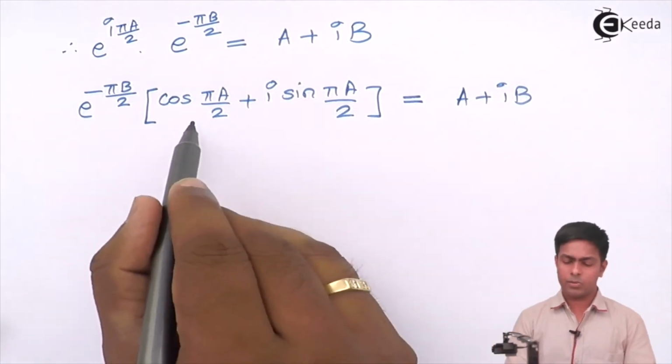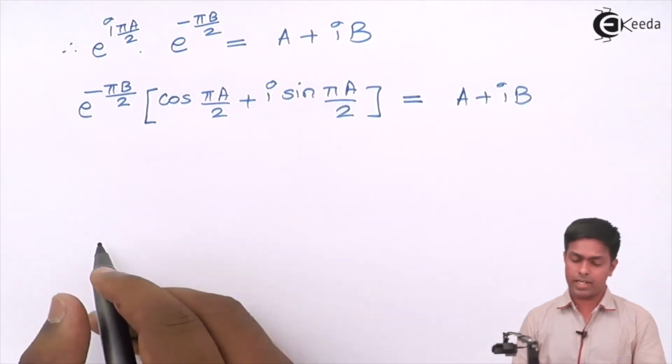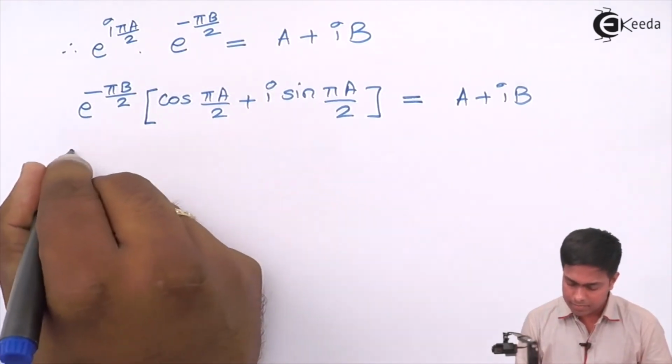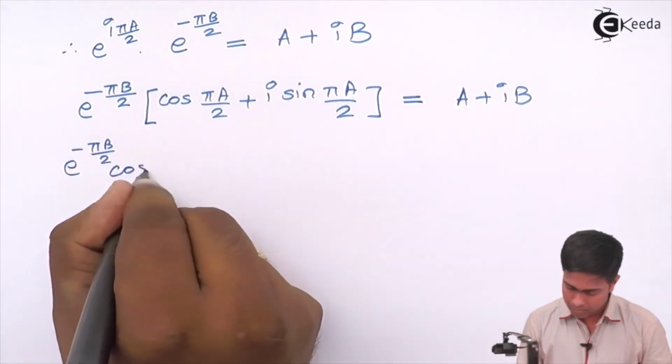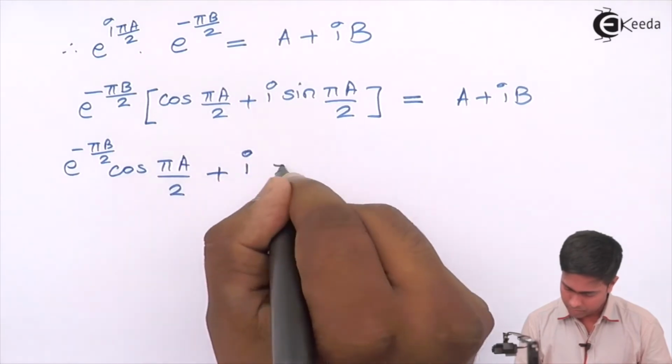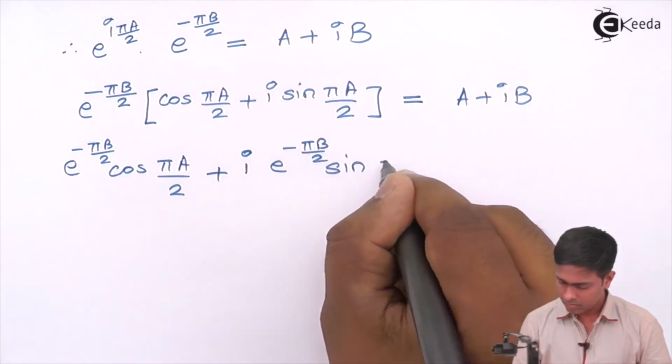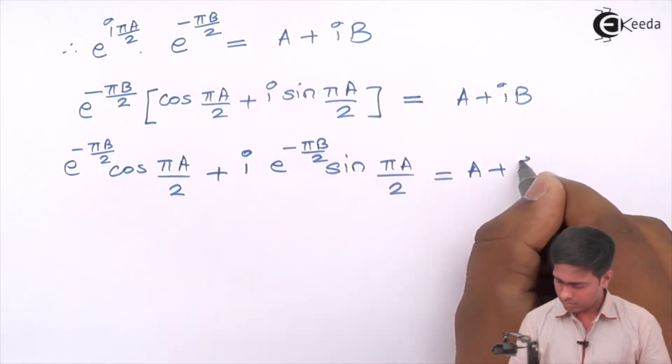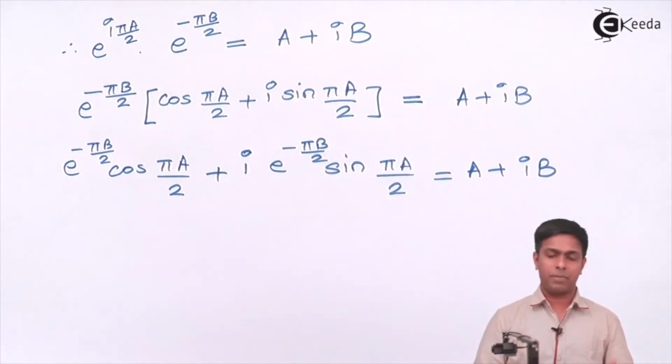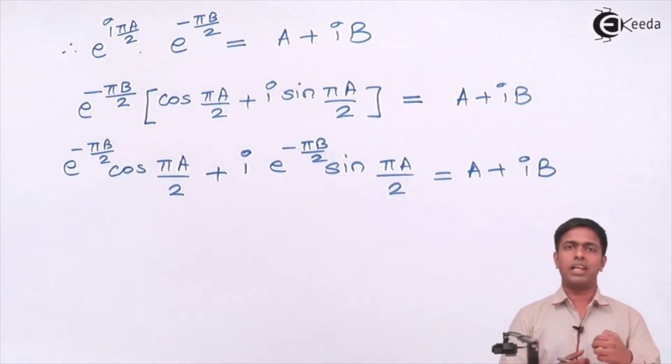So guys, let's multiply this bracket with e raised to minus pi b by 2. Now by multiplying we got that number in the standard form.